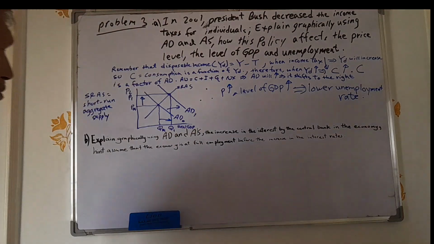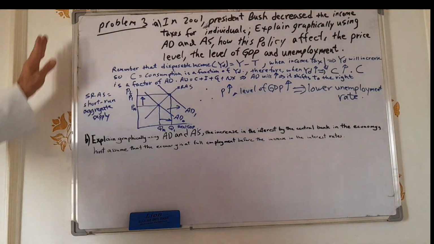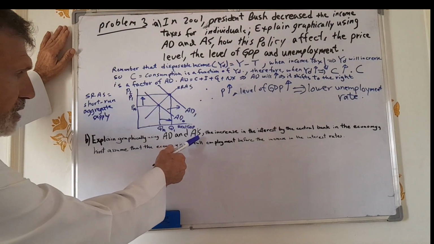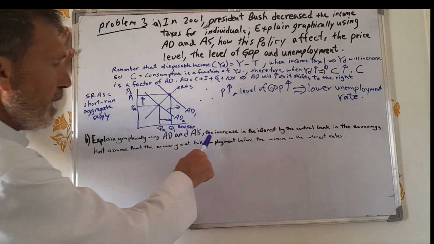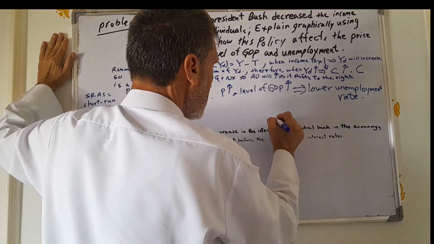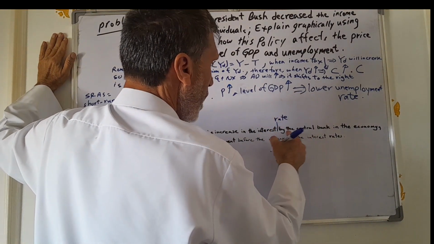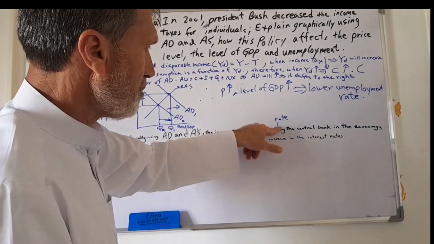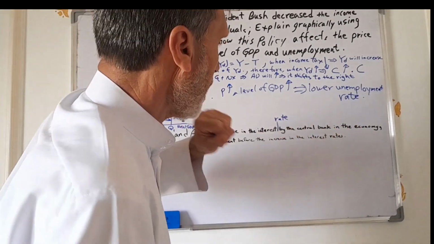Okay. Now we move to the second part of the question, which says explain graphically using aggregate demand and aggregate supply the increase in the interest rate by the central bank in the economy.